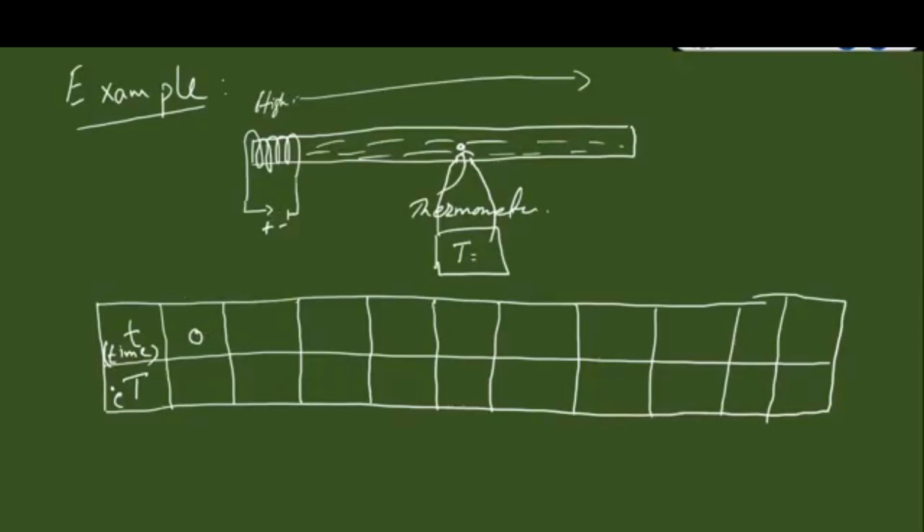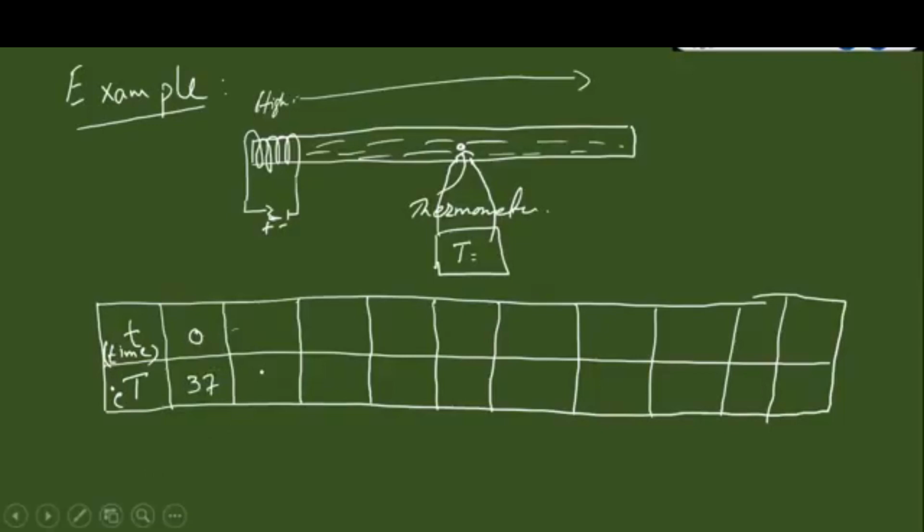So you didn't start the experiment, you just switched on this device instantly. At that time, we assume that this metallic rod is at room temperature. Let's say on that given day, the temperature is something like 37 degrees centigrade.